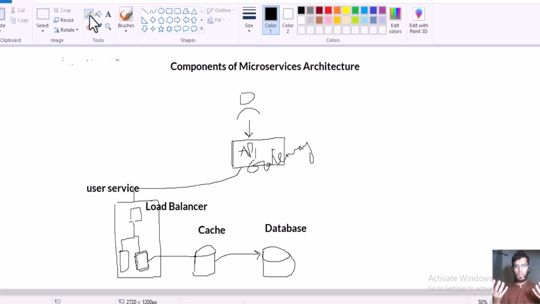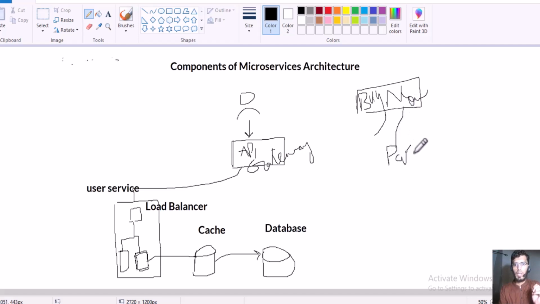After this, it might be possible that we need to communicate, as I said in my previous section on what microservices are, we divide the application into multiple services. Now it might be possible that one service needs to talk to another. For example, in the buy now use case, when the user clicks on buy now, we first have to do payment.